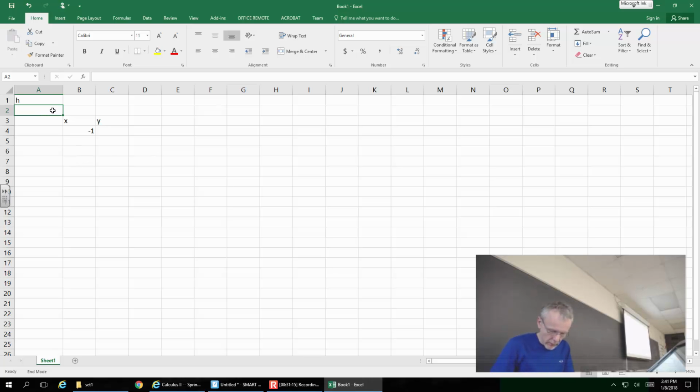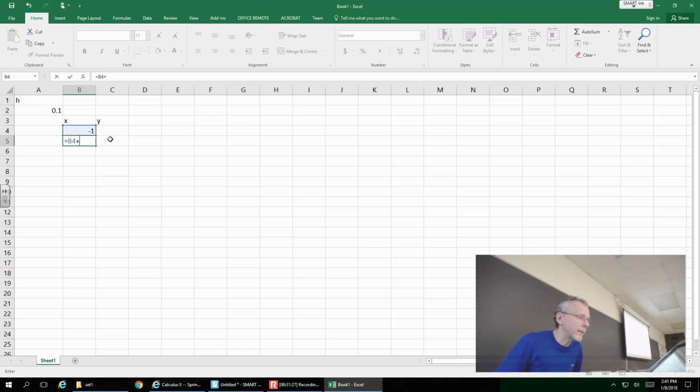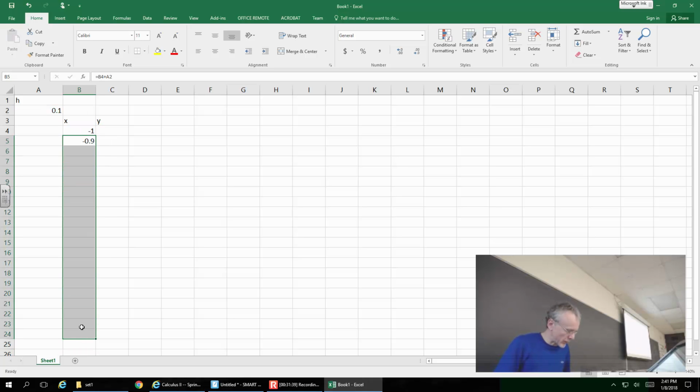Okay, this one doesn't work. So plus is equal to this, plus A1, A2. Okay, so see that these are the x values.